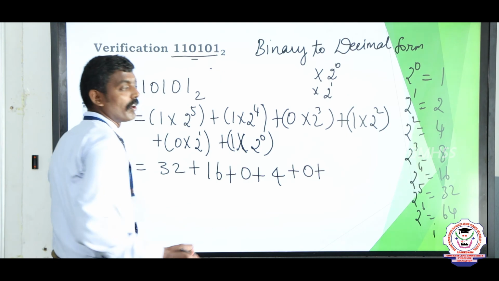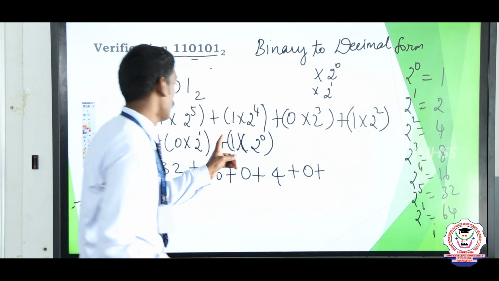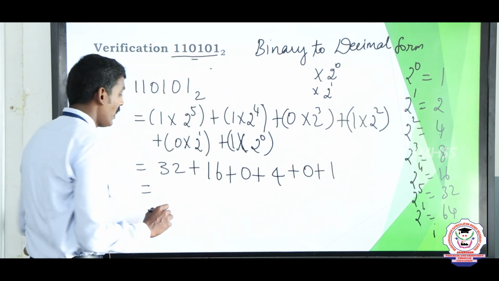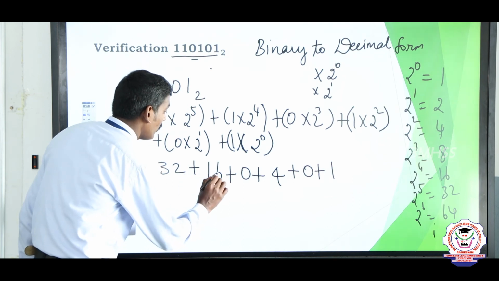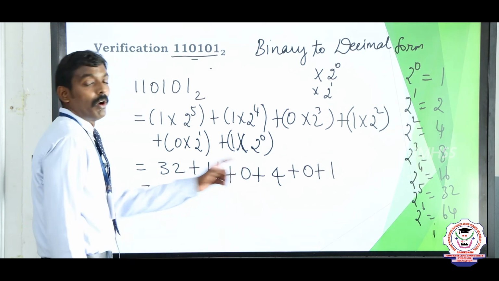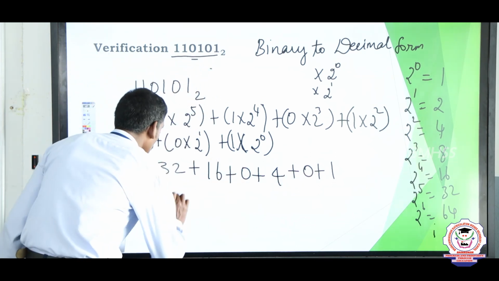Plus 1 into 2 power 0. Anything to the power 0? What will be the answer? Very good, 1. 1 into 1? 1. Now we calculate. 32 plus 16 is 48... 0... 48 plus 4, 52. 52 plus 1, 53.